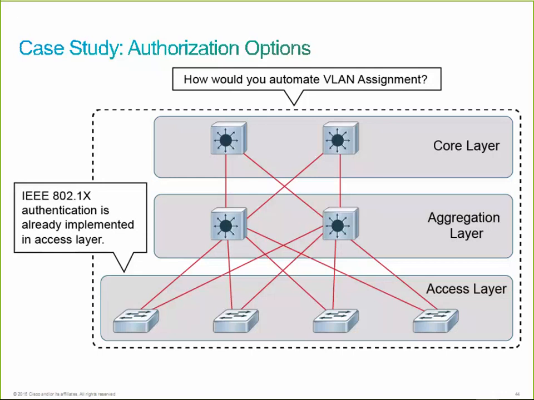Now let's assume in this case study that we've already implemented 802.1x access control on all of our access layer switches. All right, when a client successfully gets authenticated, they get assigned to the VLAN that is configured on the specific port, which, by the way, can be pushed down to the port based on their profile.